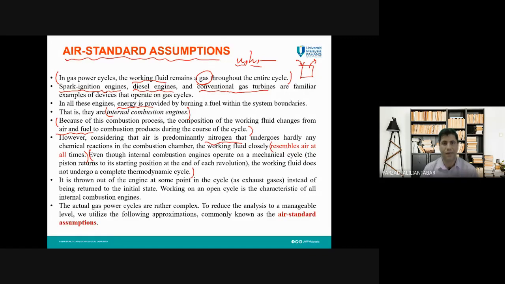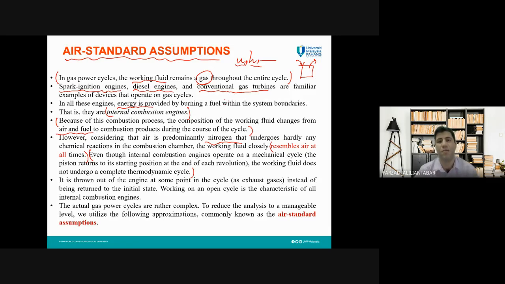So how can we calculate the equation for this type of cycle, because the gas as our system comes to the system then goes out of the system? How can we calculate the equation for that? You may say we can use control volume, because the mass comes to the system, mass goes out of the system.